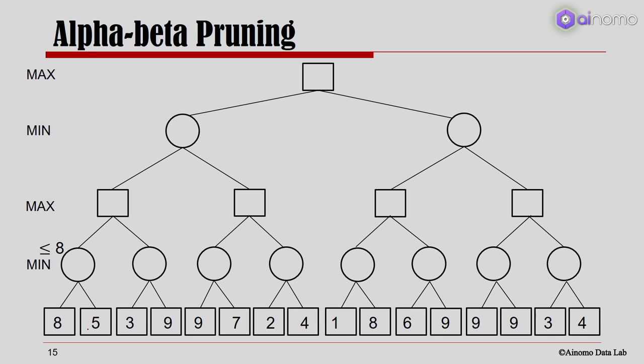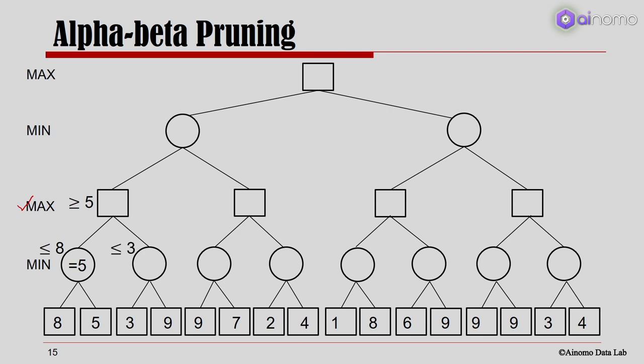The moment I see the next leaf node, which is 5, I revise that value and say that it is not 8 but 5. I back that value up one more time, and now at the max level here I can write that it should be greater than or equal to 5.